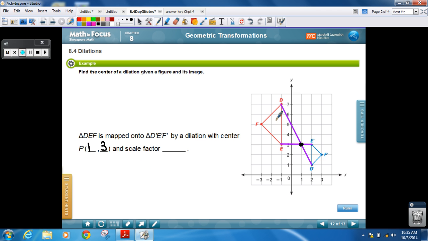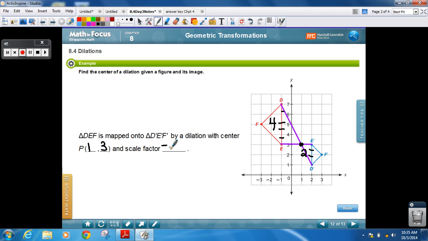To figure out my scale factor, I can't get the length of DF or FE because they're at an angle. So I use this one, that's a vertical line. I can get that it is 4 units long. Then I get the same length over here with the corresponding side, and it is 2 units. They are on opposite sides of that center of dilation, so it's going to be a negative.